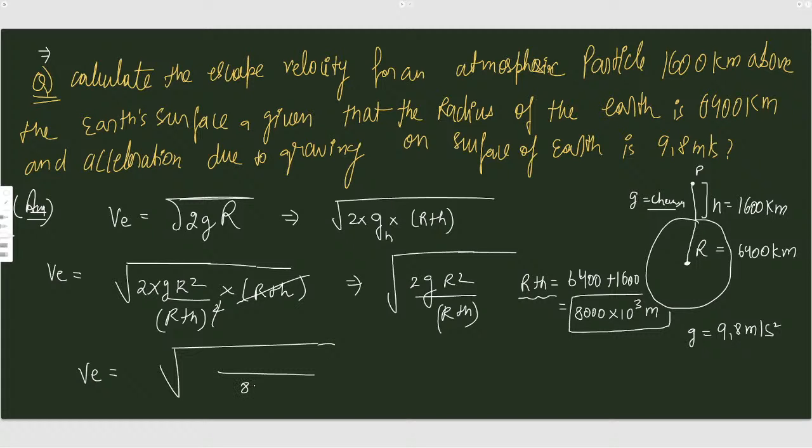So R plus h is 8 into 10 to the power 6 meters, 2 times g, which is 9.8 on the surface of Earth, and R is 6.4 into 10 to the power 6, also converted into meters.